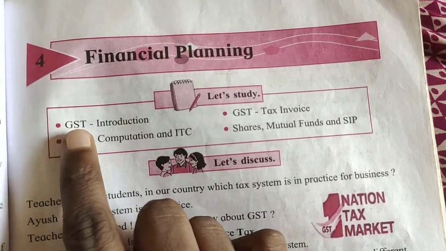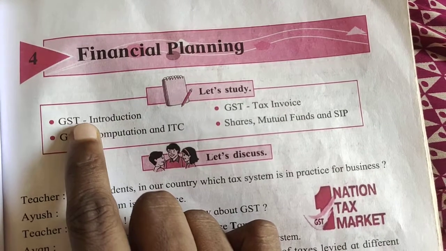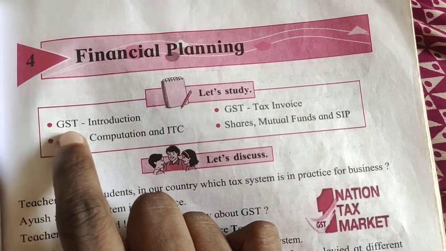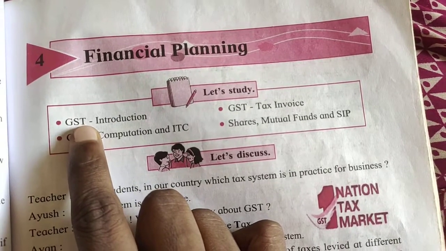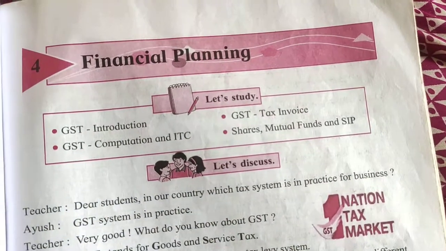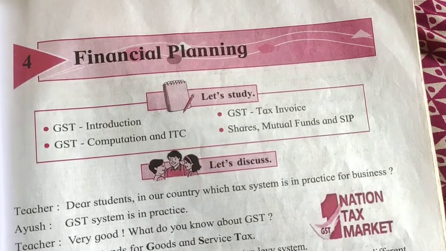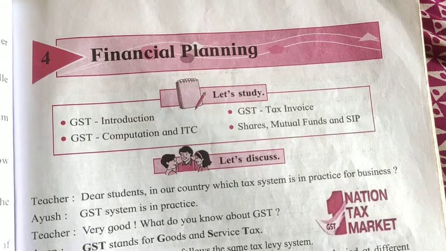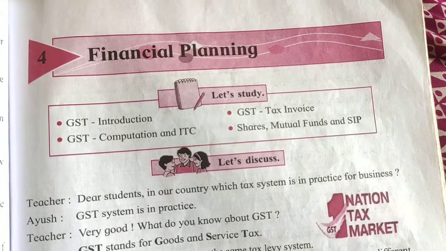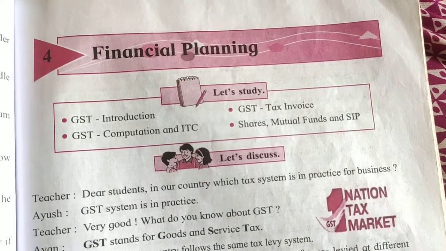What is GST? What is the full form of GST? GST is basically Goods and Service Tax. Whenever you purchase anything, you give some tax to the shopkeeper. Whatever item you purchase, you will see MRP written.